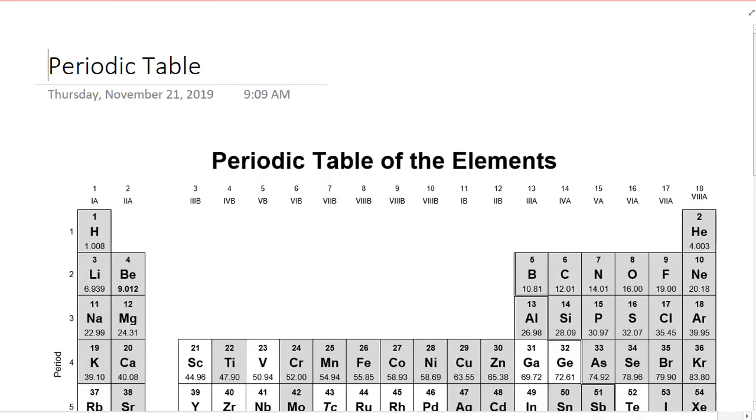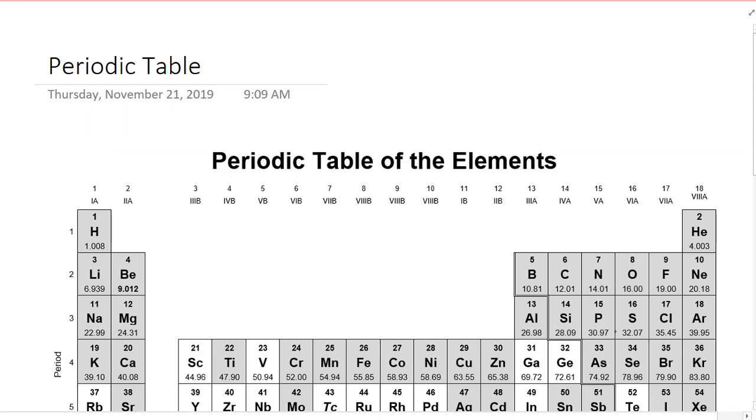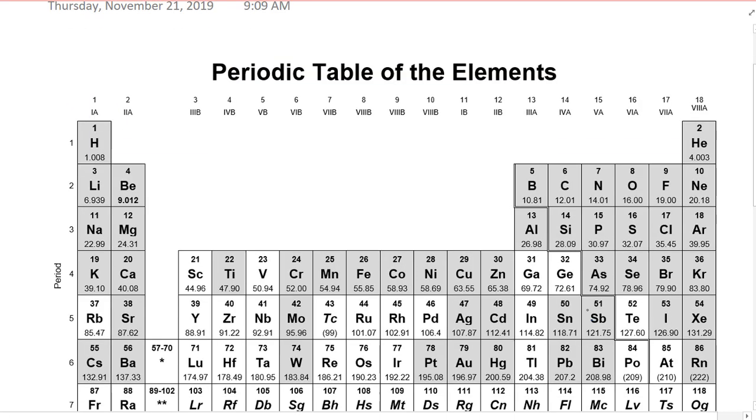Here we go. So let's look at something like tin and write out its configuration. And we can write out the shorthand configuration for tin, which we see is right here. We know that the configuration for tin is going to end with 5p2.